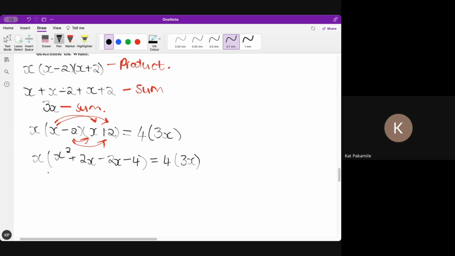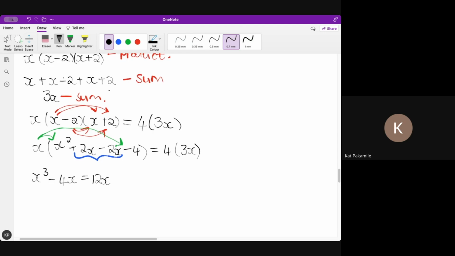All right. So then I'm going to multiply this in. Firstly, let's address this. What is 2x minus 2x going to be? It's gone. Okay. So then you're multiplying your x only by x squared and by negative 4. So I have x cubed minus 4x is equal to 4 times 3x, which is 12x.